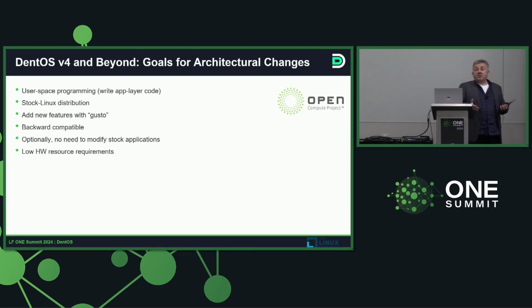So you can run a Dent-based OS on a switch with as little as 2 gigabytes of memory. On most of our current devices, we have at least 4 gigabytes, but we just want to make sure that everything is kosher and maybe we have room to expand. But since this is just a simple Linux distribution with the kernel enhancements, the resource requirements for Dent are very, very little.